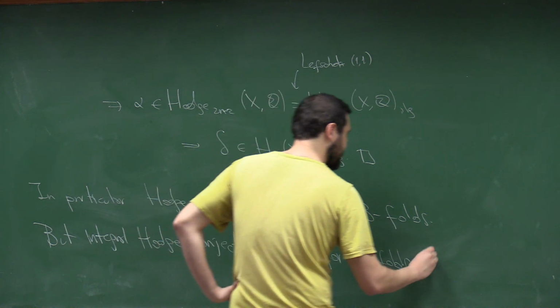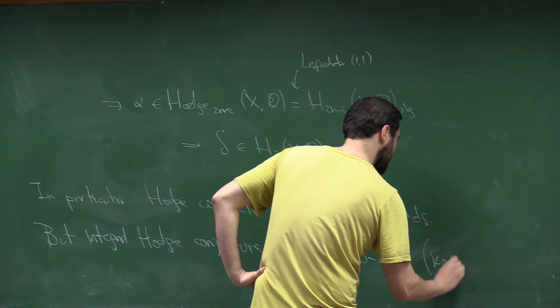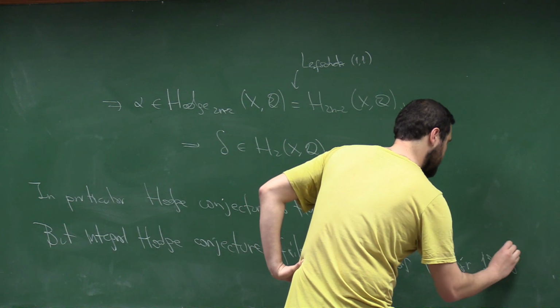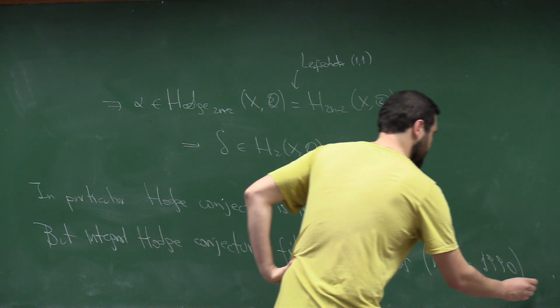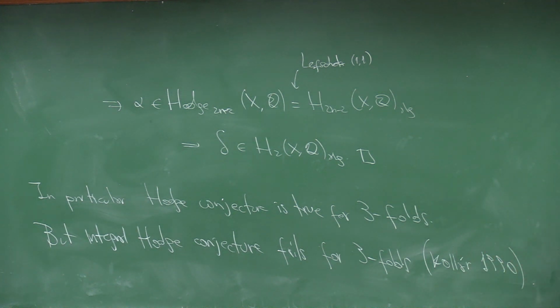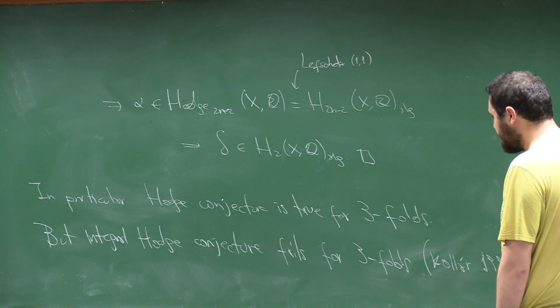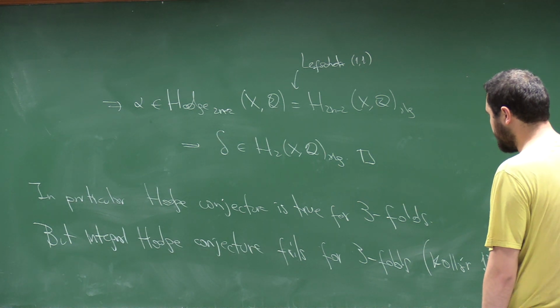And this was proved by Kollár in 1990. Okay, in the exercises, I will give you some examples of counterexamples to the integral Hodge conjecture.